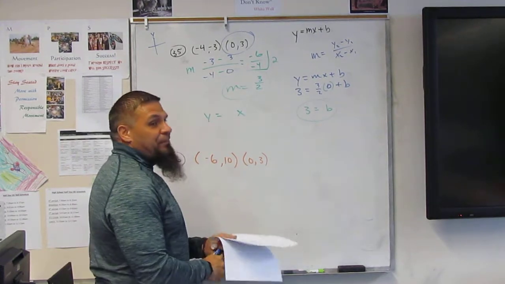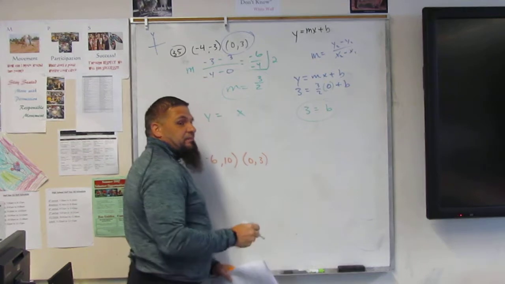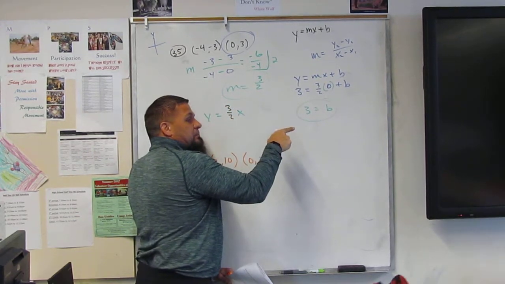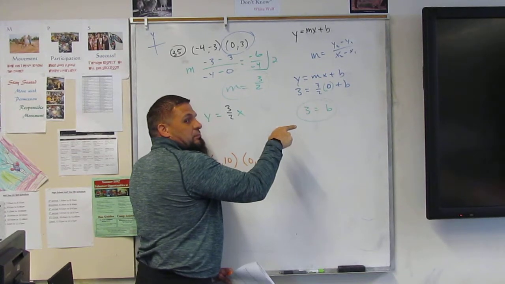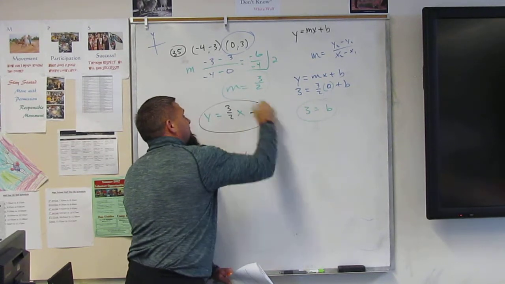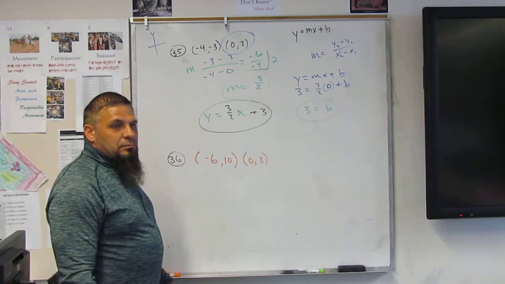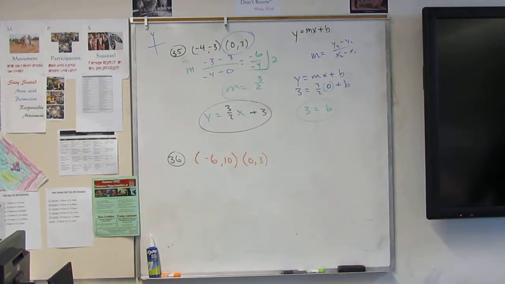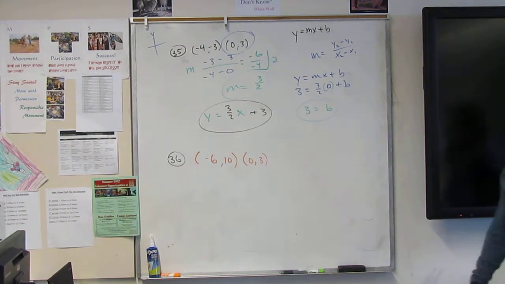So what is m? 3 over 2. And what's b? 3. Plus 3. Done. Okay? That was first semester.